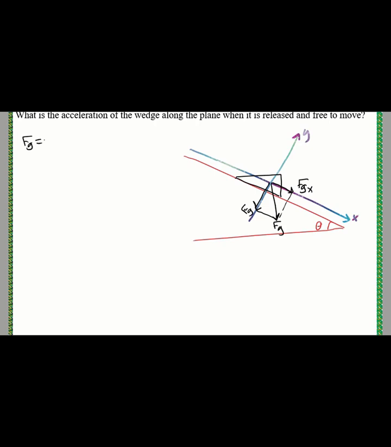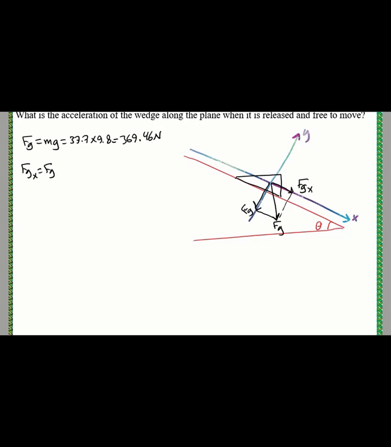Fg equals m times g, 37.7 times 9.8, which is 369.46.